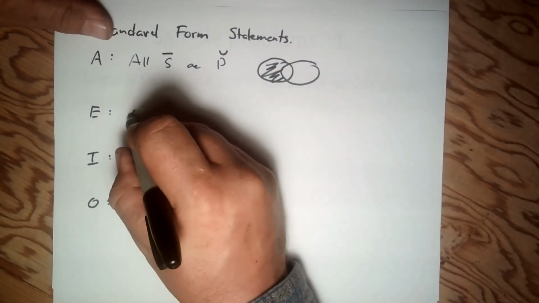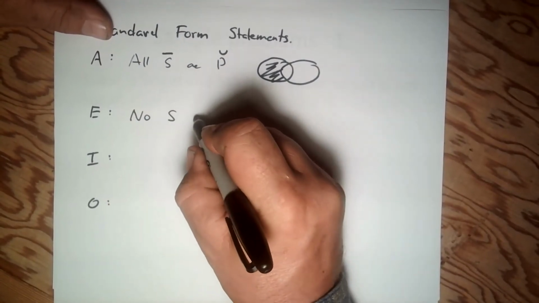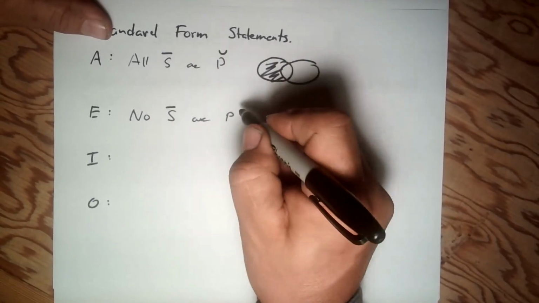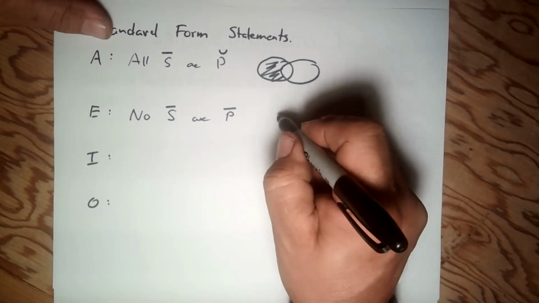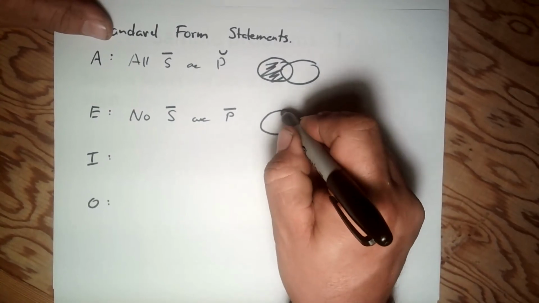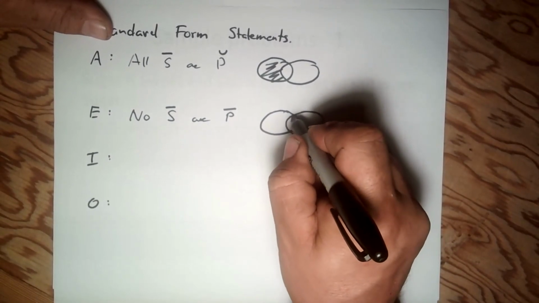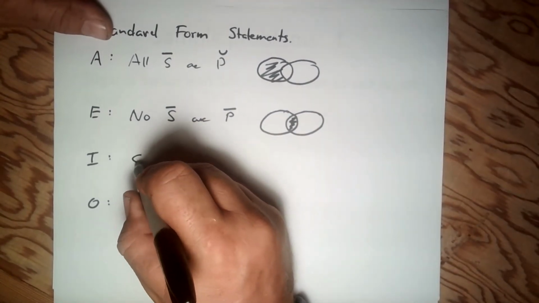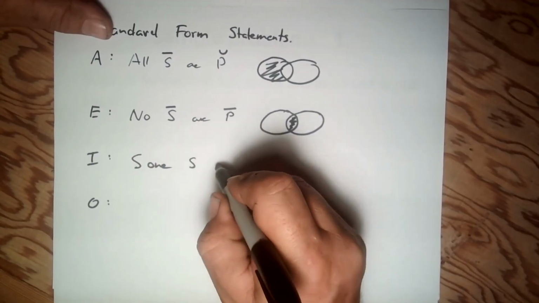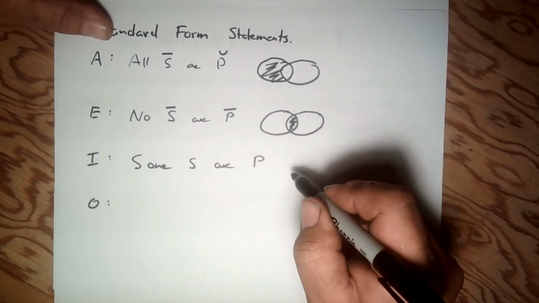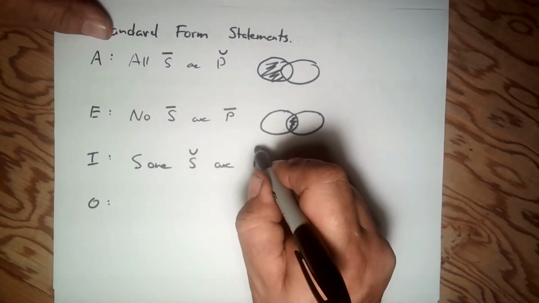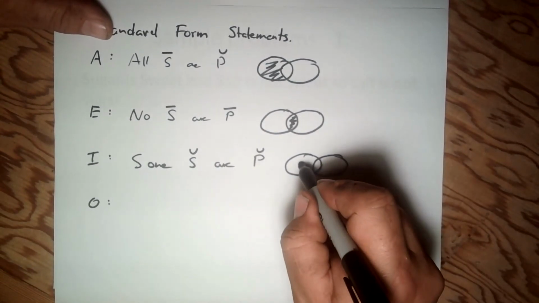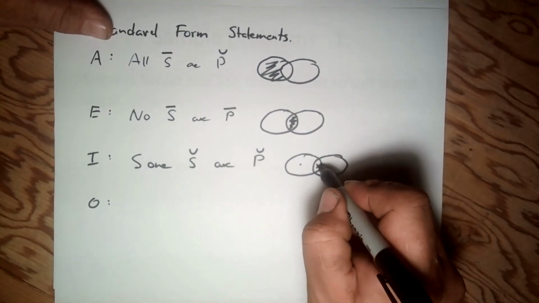The E-form statement, no subjects are predicates, and both the subject and the predicate are distributed, and the diagram looks like that. The I-form statement, some subjects are predicates, nothing is distributed, and the diagram looks like that.